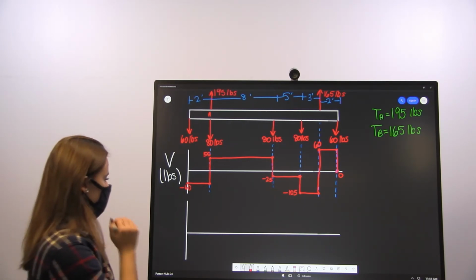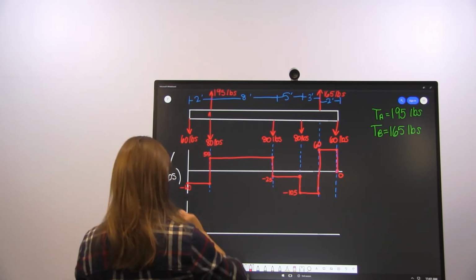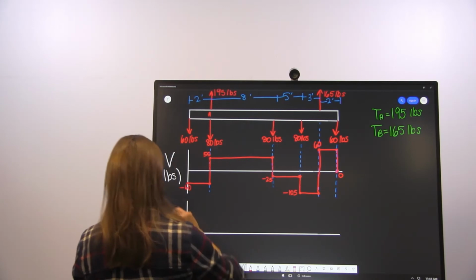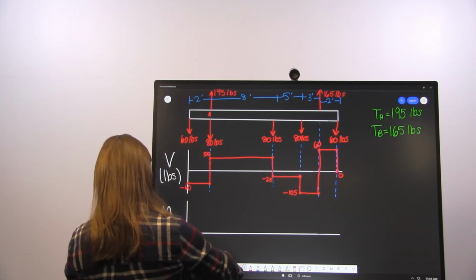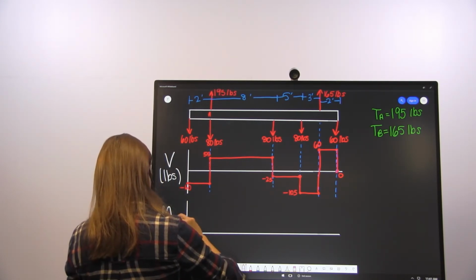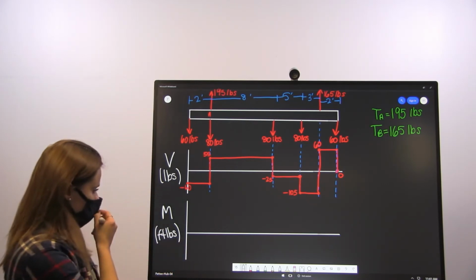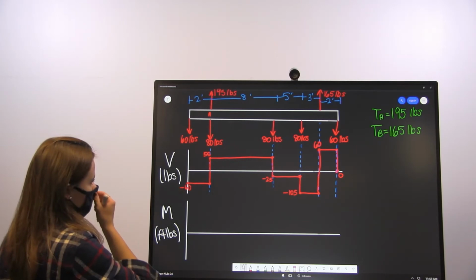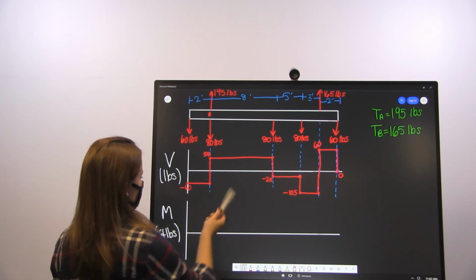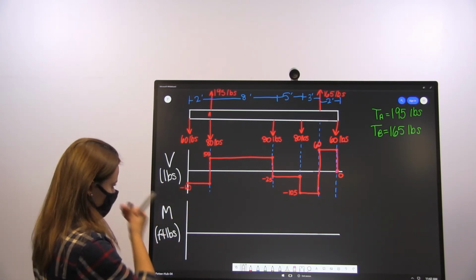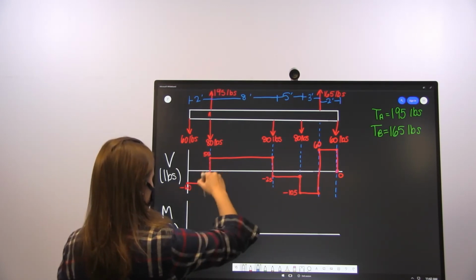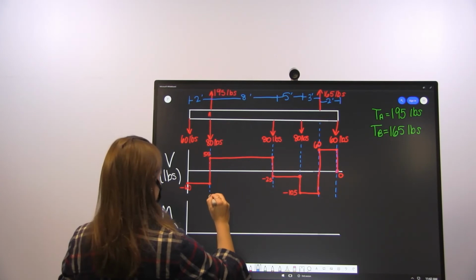So now we're going to move on to our moment diagram. For our moment diagram, that is going to be in foot-pounds. So we have our foot-pounds, and we're going to start. This is pretty simple. We can just do area under the curve for all of our situations here. So we're going to start with this area right here.